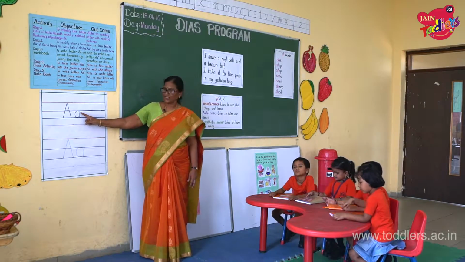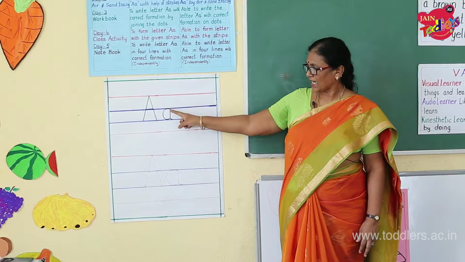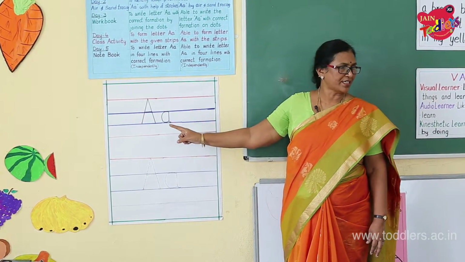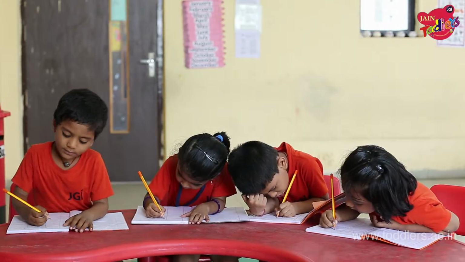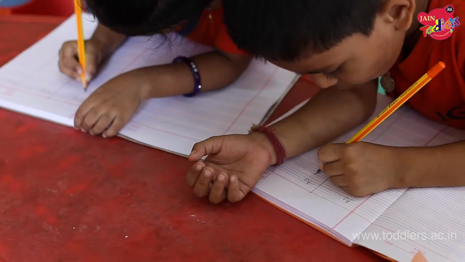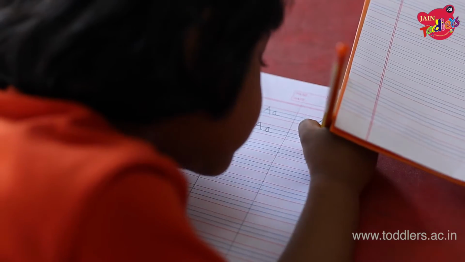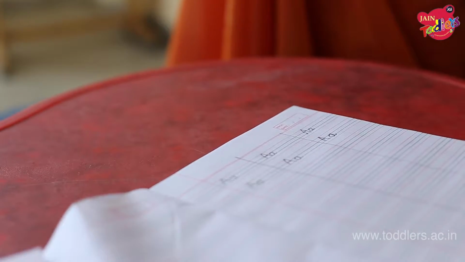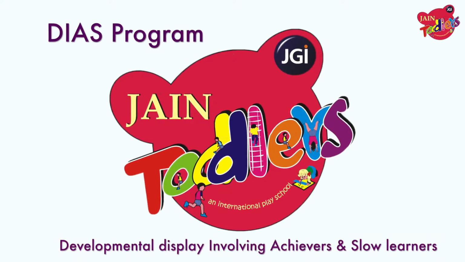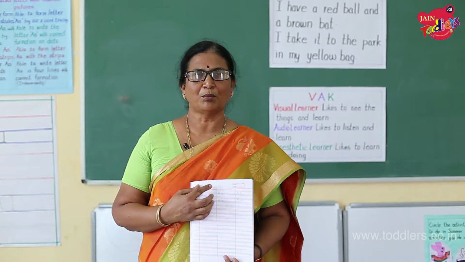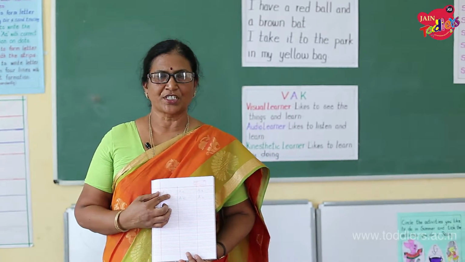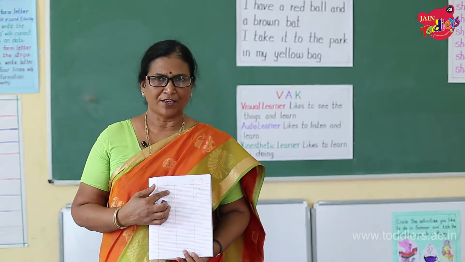Inside the blue line, left curve, standing line with a small tail. You all are going to write in your notebook. The outcome of it is the child is able to write in a correct formation with the help of strokes in 4-line book letter A.